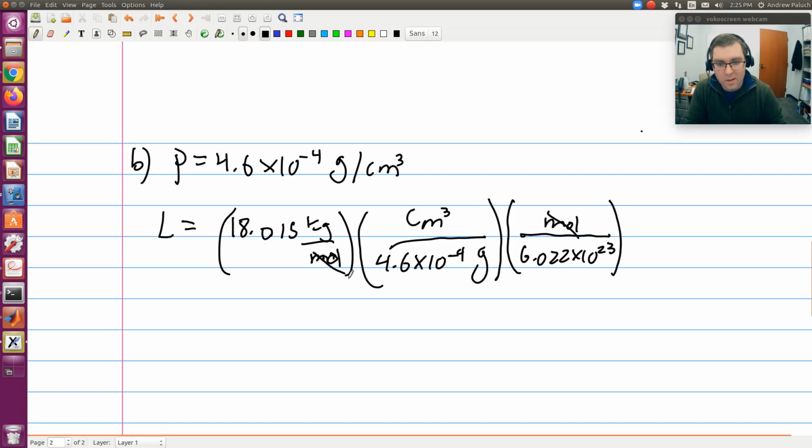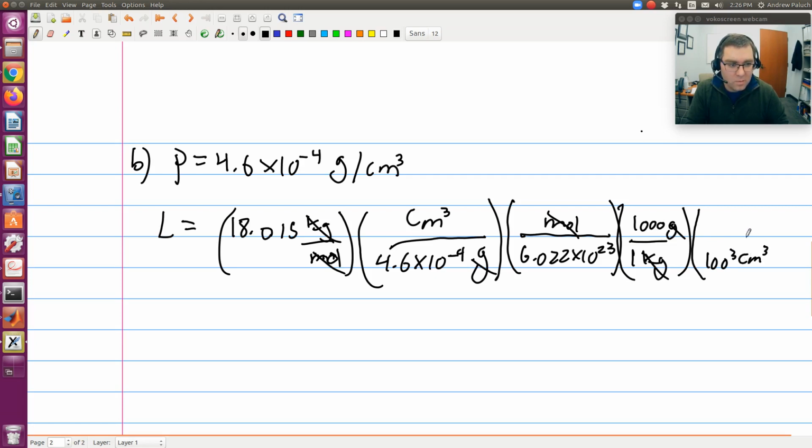So moles cancel. I'm going to need my conversion factor of 1 kilogram is 1,000 grams. So kill grams, and I'll be left with centimeters. And I could have that 100 cubed centimeters cubed is equal to 1 meter cubed.